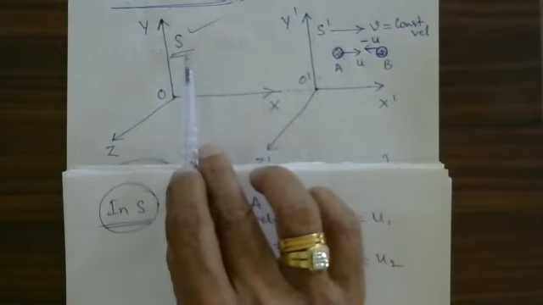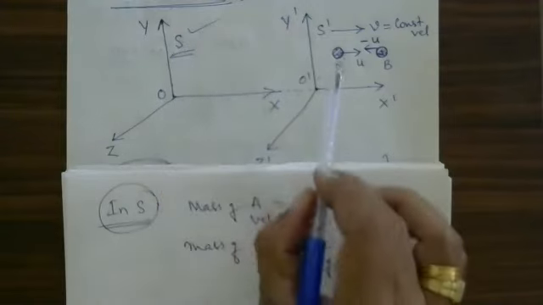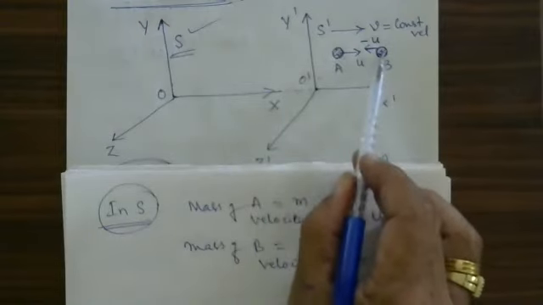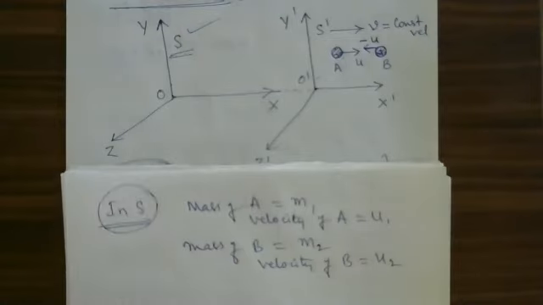I will choose frame of reference S. With respect to the S frame, the velocity of the first body is U1, and the velocity of the second body is U2, that I have written.